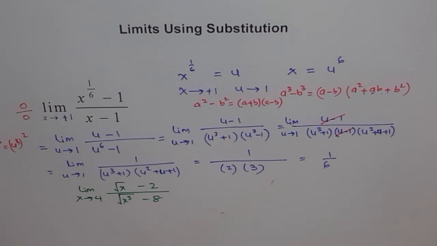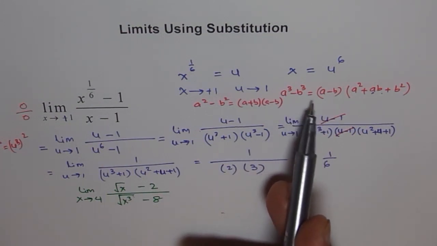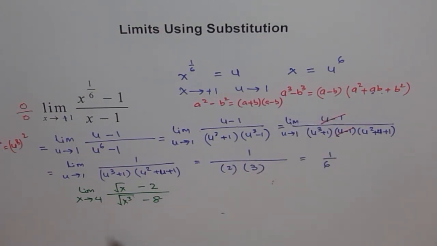So these are in the radical forms, right? Here you can substitute square root x as u, correct? And then get your question in terms of u, and then you can use a cube minus b cube to solve it. Is that okay? Try to do it, but don't forget to replace this value also, correct?